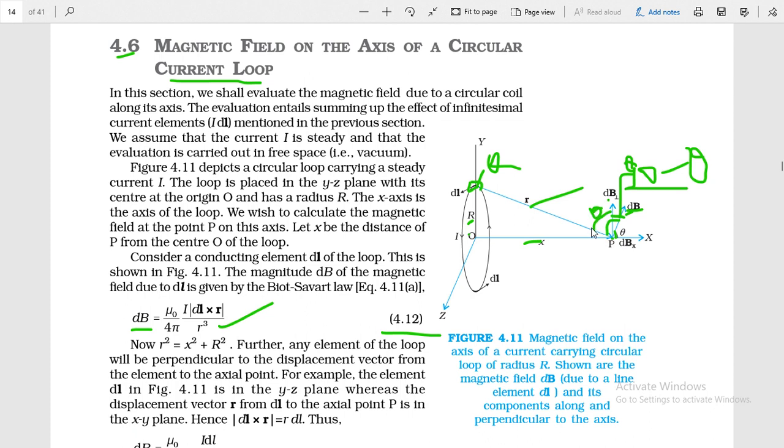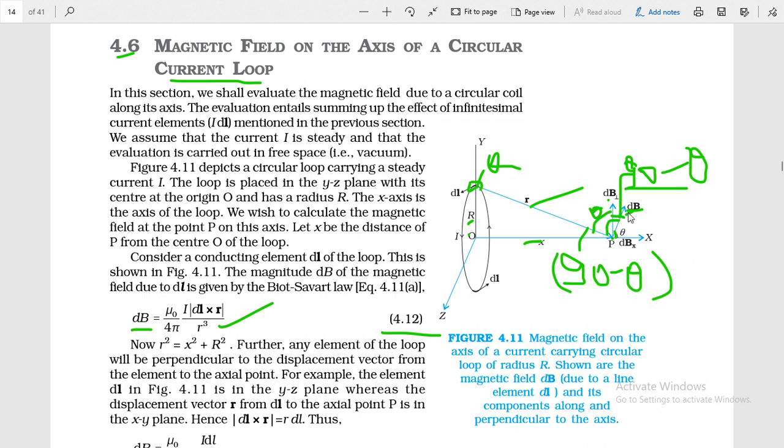Okay, if this angle is theta, this angle is taken as 90 minus theta. So now you can see this angle is 90 minus theta and this one is again 90 minus theta.